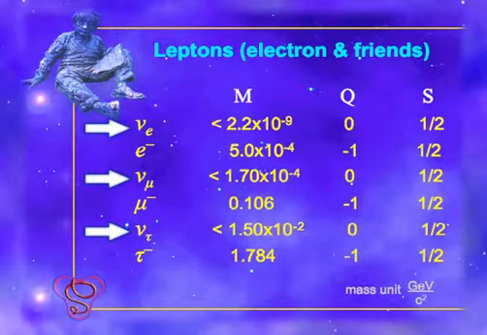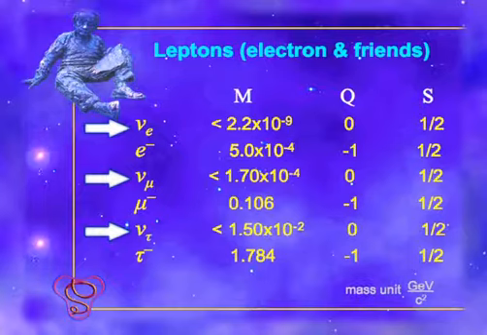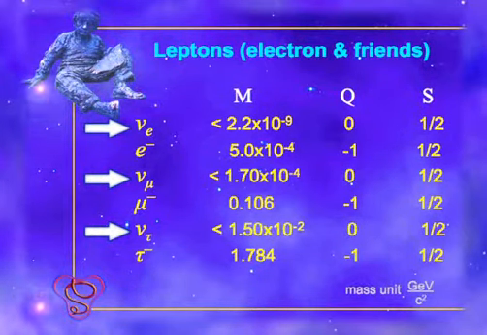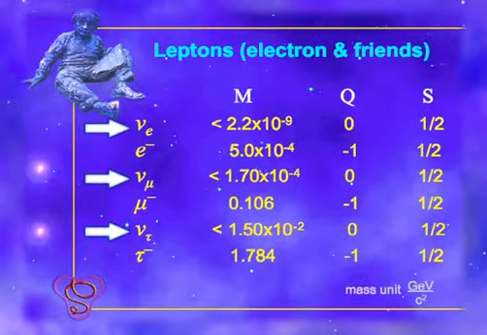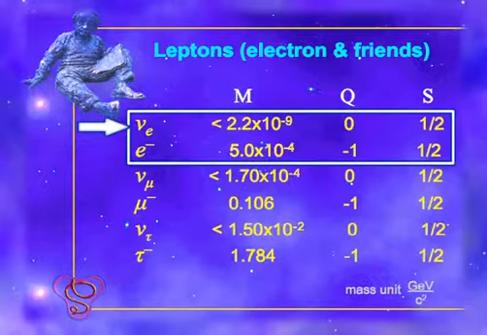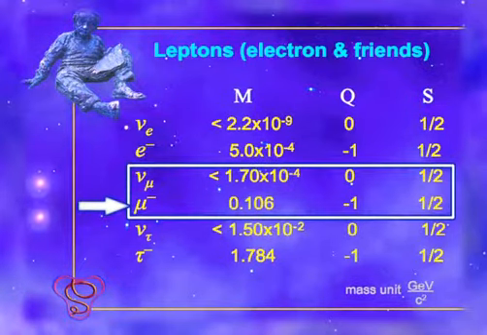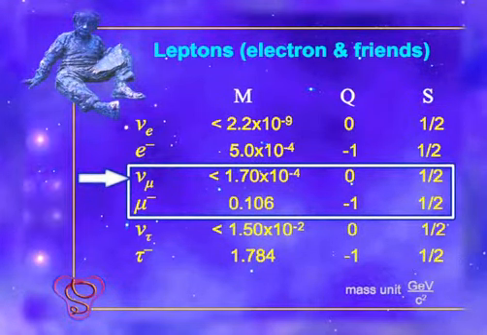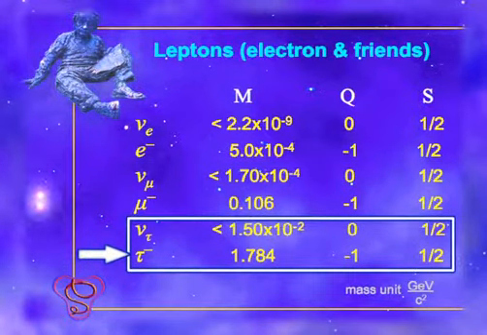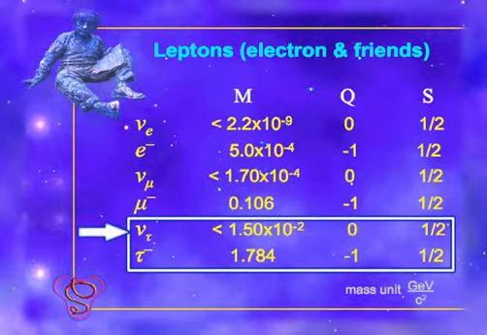These other objects have no charge at all. They're called neutrinos. The neutrinos seem to come as copies of the charged leptons. The electron has a neutral copy called the electron neutrino. The muon has a neutral copy called the muon neutrino. And the tau particle has a neutral copy called the tau neutrino.